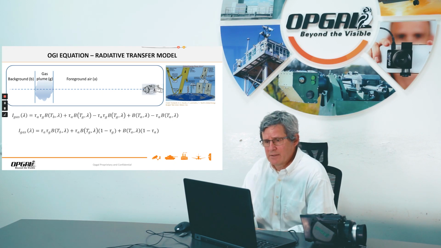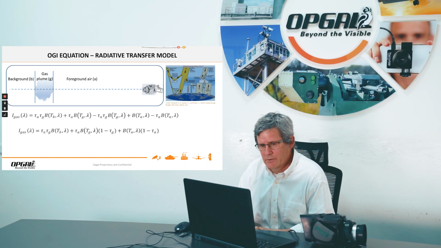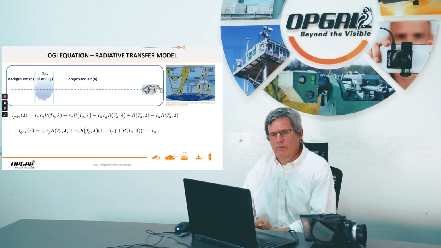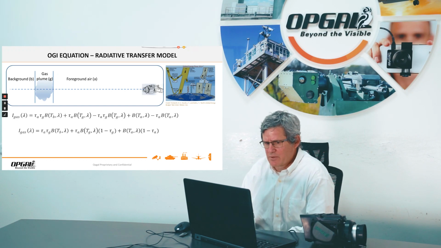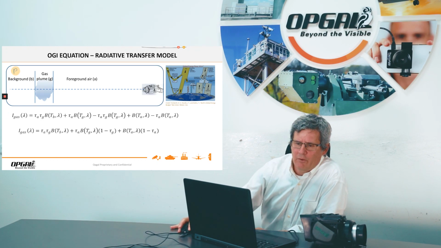So we're going to use a similar model to describe the OGI technology. The radiative transfer model is actually an energy balance of thermal electromagnetic radiation that comes from the background, which we can describe over here with the letter B. This is the Planck function as a function of the background temperature.